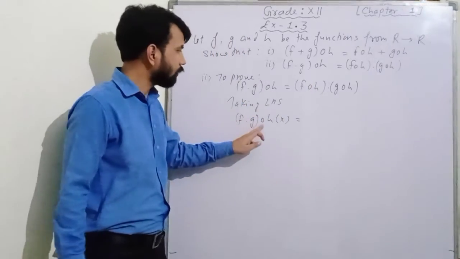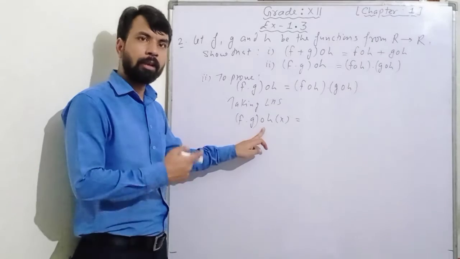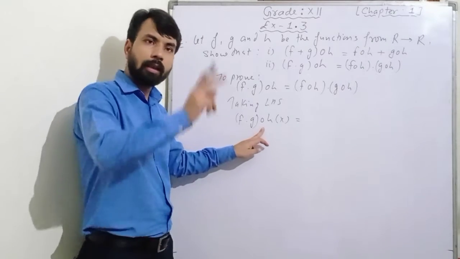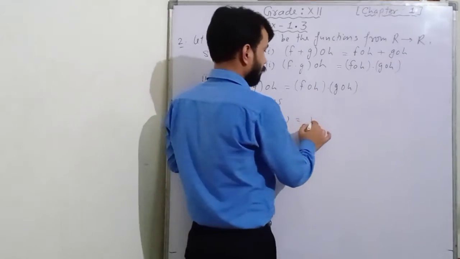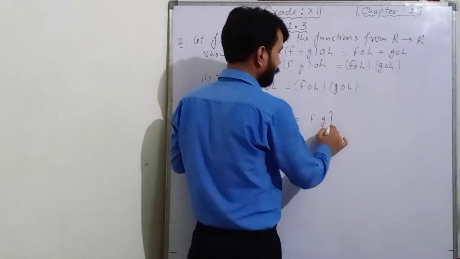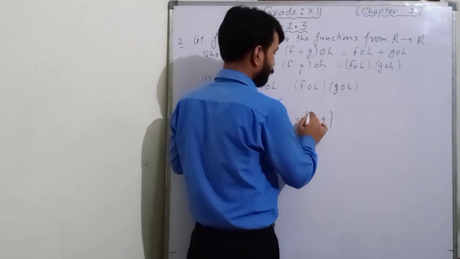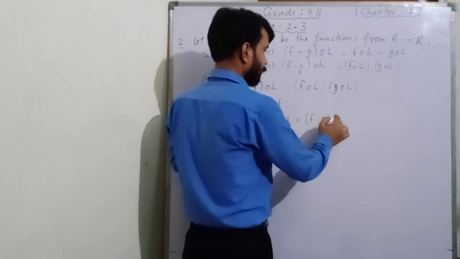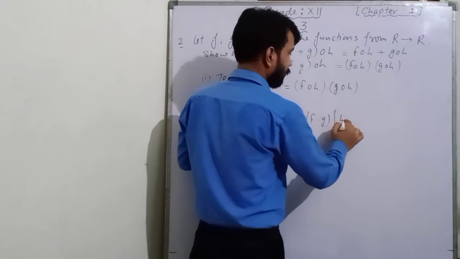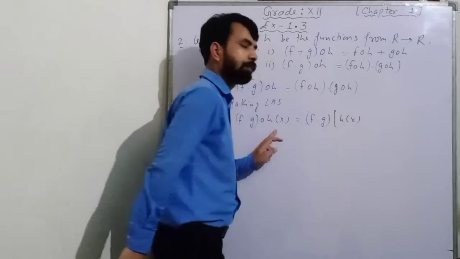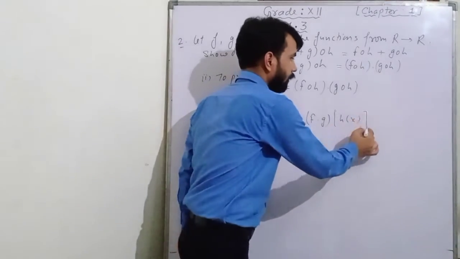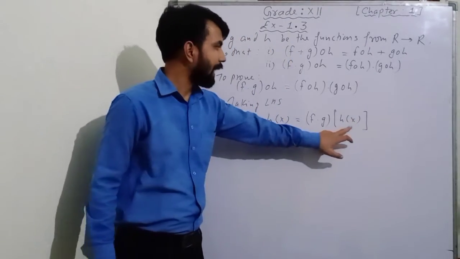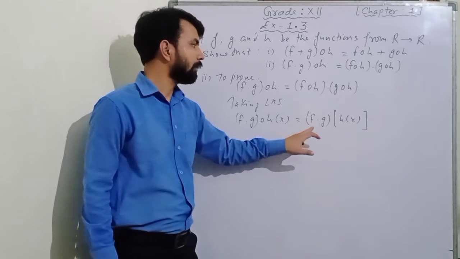Clear? Now this o can be separated by a square bracket. So (f dot g) of h(x). Clear? Now see, this h(x) can be distributed with these two functions.